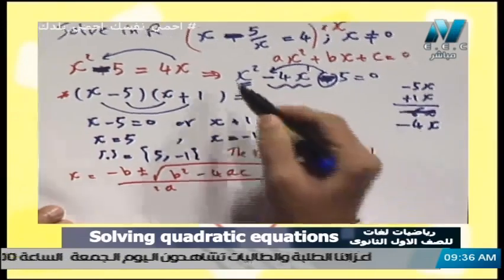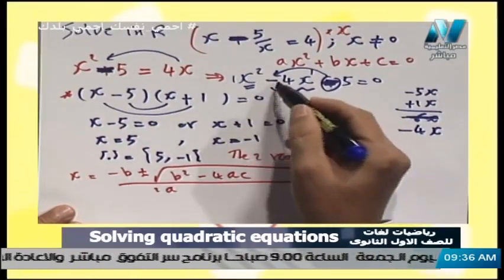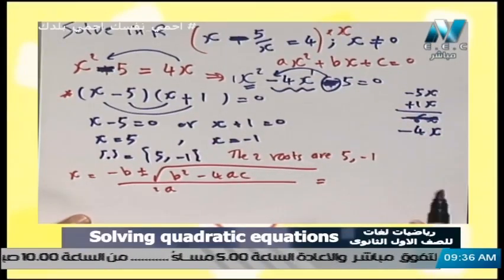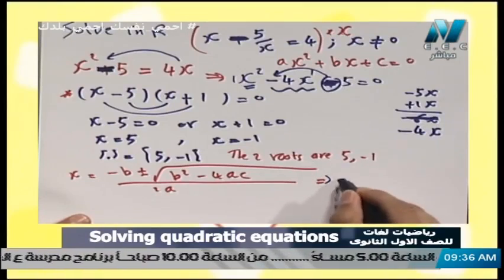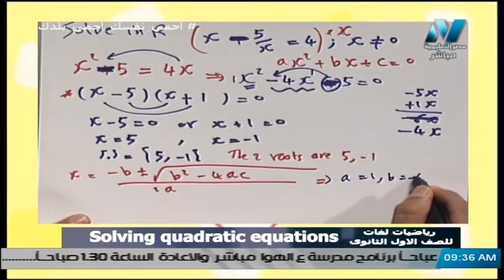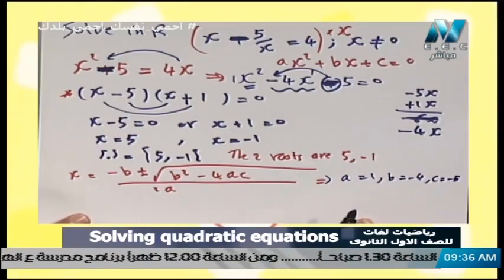A here is 1, b here is negative 4, and c is negative 5. Okay. Here we have a equals 1, b equals negative 4, and c equals negative 5.